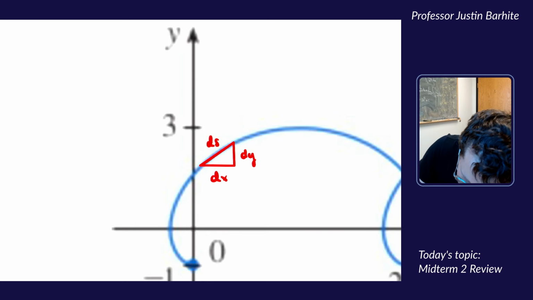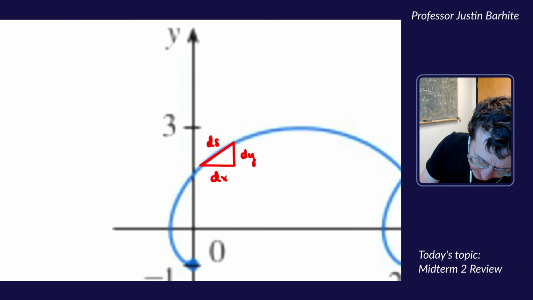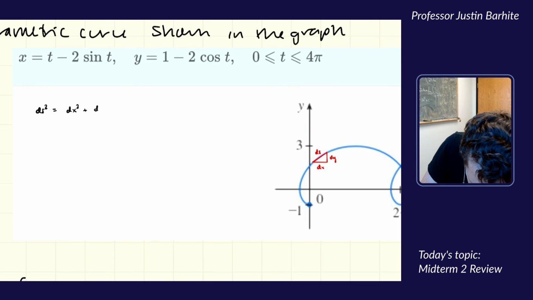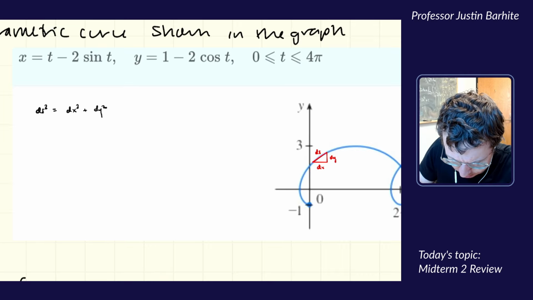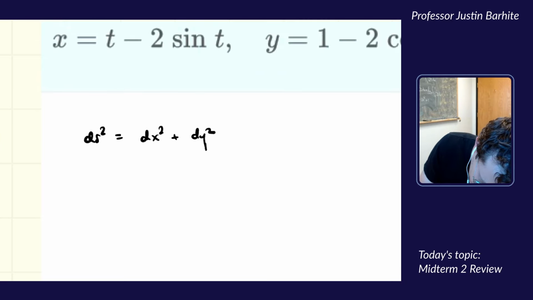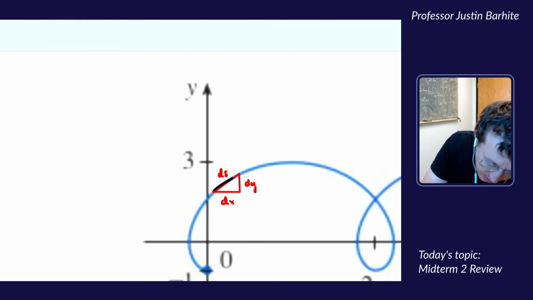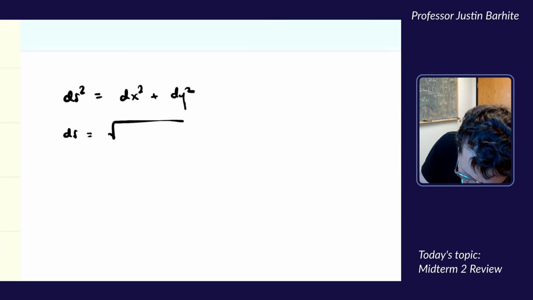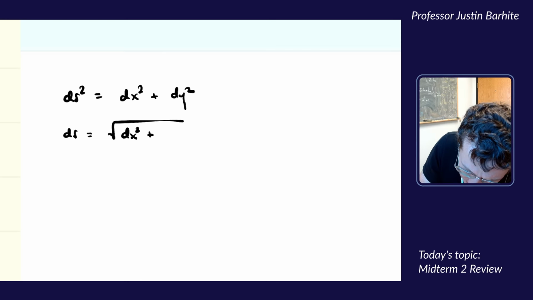The Pythagorean theorem says that ds squared is dx squared plus dy squared. And I'm really interested in the quantity ds. That's the length of this little piece of the curve. I just want to add that up for the whole curve. ds is the square root of dx squared plus dy squared.